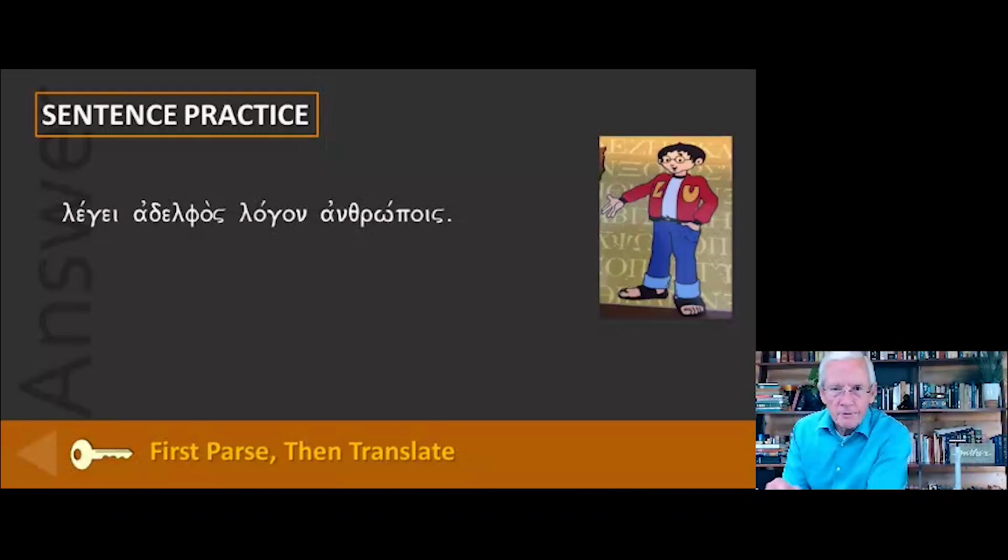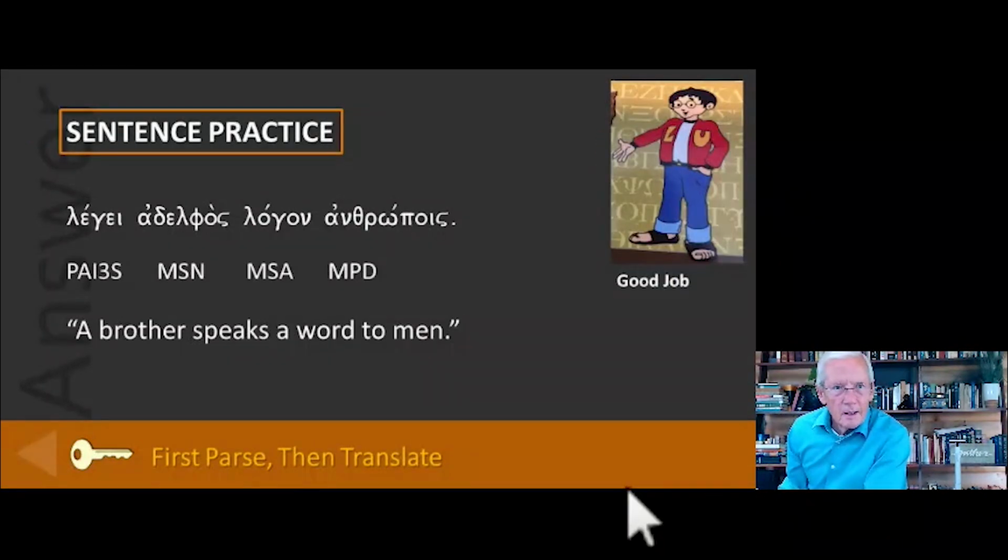All right, here we have a sentence. I'm going to ask that you hit your pause button, and we'll come back and compare notes. All right, here we have the sentence. Let's pronounce it together. Lege adelphos logon anthropois. Now, lege is a present active indicative, third person singular.